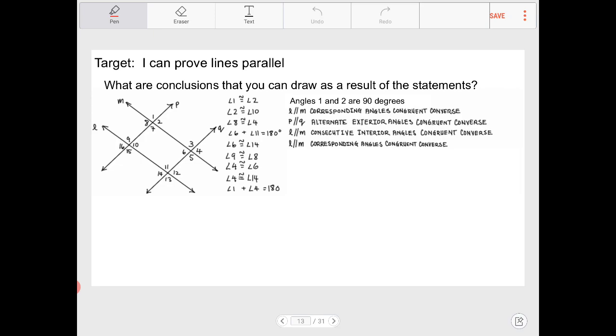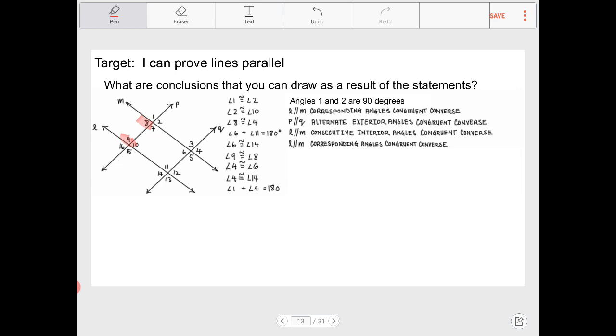Angle 9 is congruent to angle 8. This isn't any of those logical statements or theorems that we had used before. Nothing was said about consecutive interior angles being congruent.